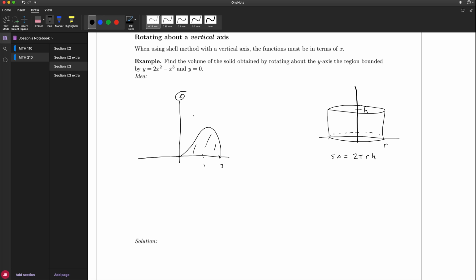If we were using last section's method, we would need to find this inner and outer washer that we're seeing here. The problem is this is a vertical axis, so everything would need to be in terms of y.